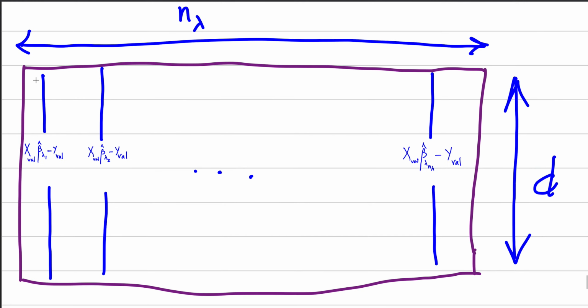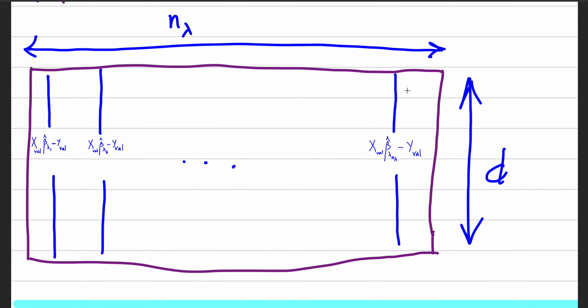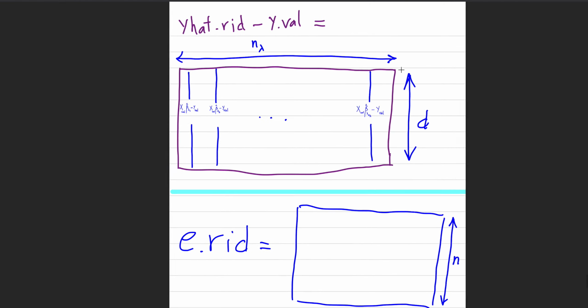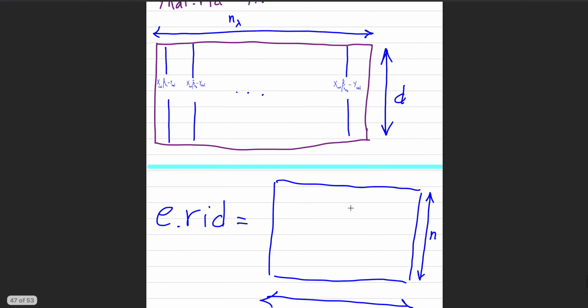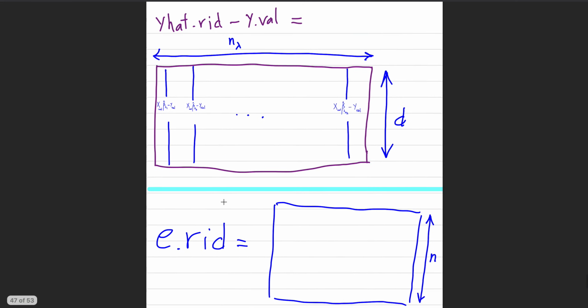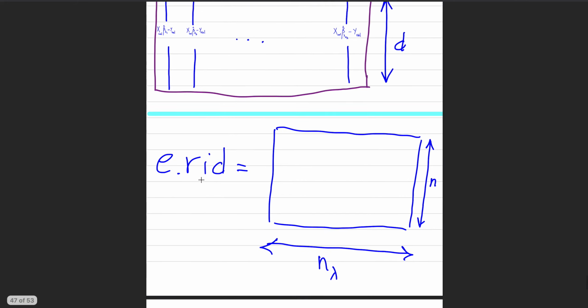So this matrix has d rows because this is for the validation set. The validation set includes one fold and the size of each fold is d, and the number of lambdas we have is n lambda. So this is our E ridge. Okay. And then E ridge, what is E ridge?